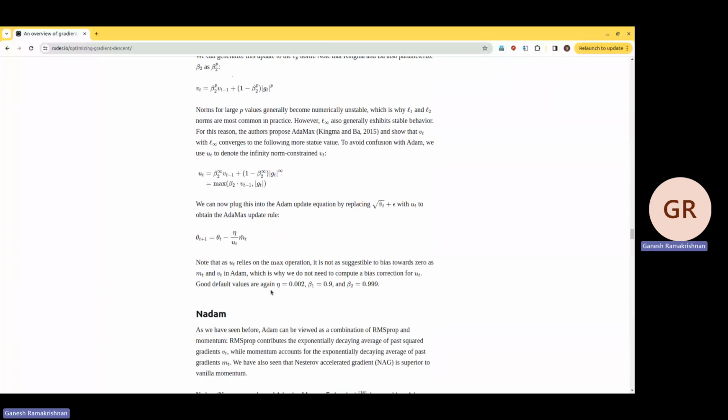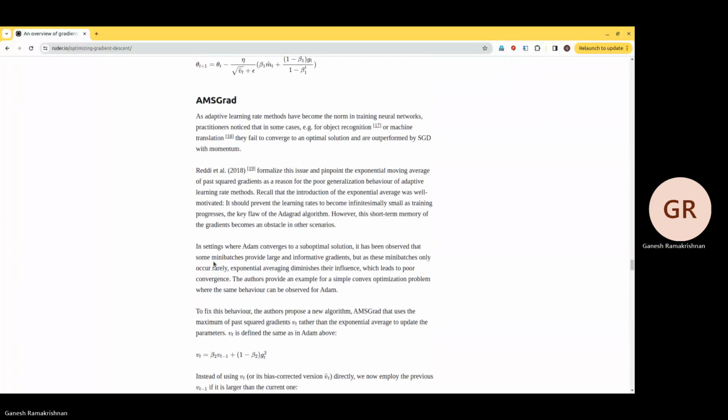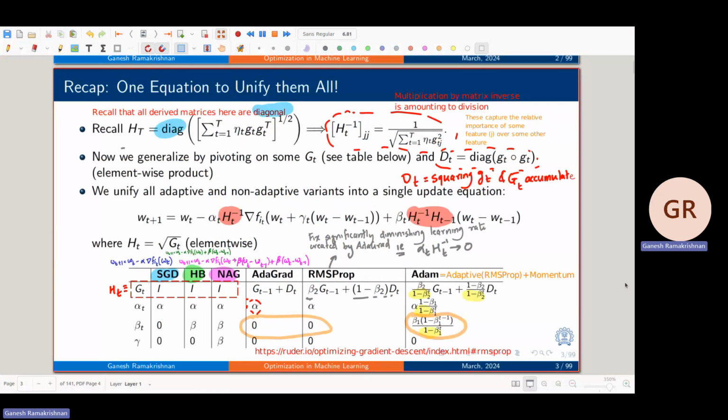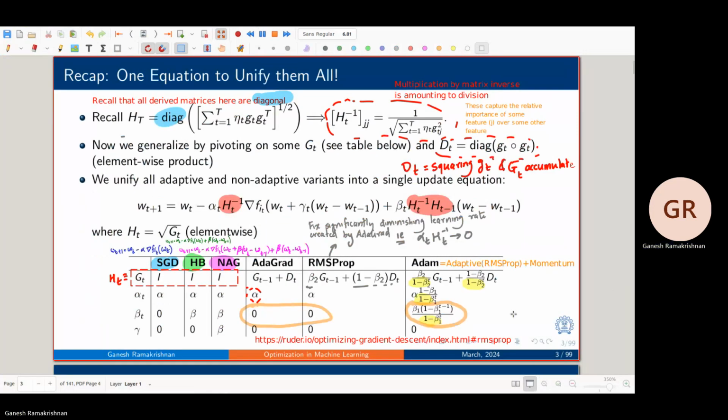Now let's understand a little bit of what this ADAM itself is. In fact, I left that as a homework problem. So what is ADAM itself? ADAM is basically heavy ball momentum plus adaptive, as you could probably figure out here. So in the case of ADAM, right, the gamma is 0.